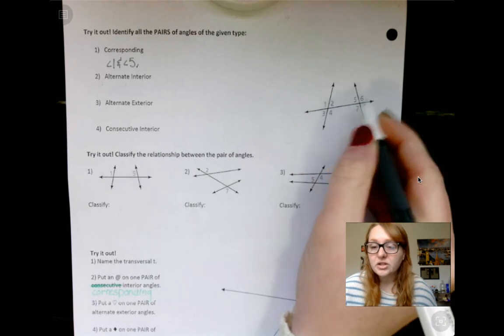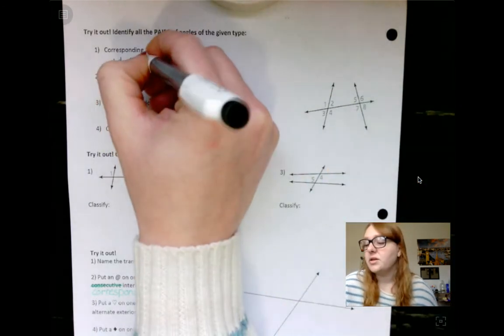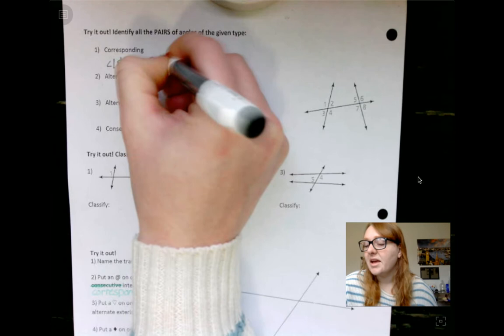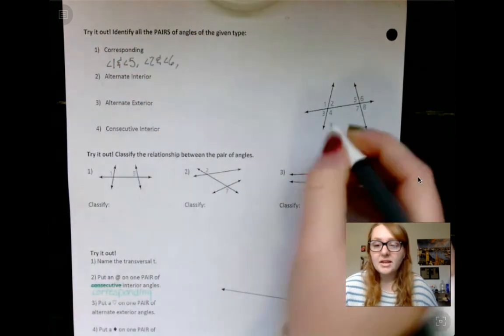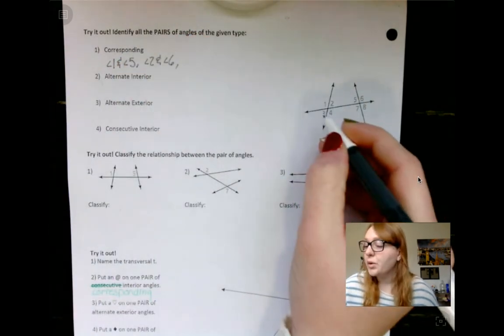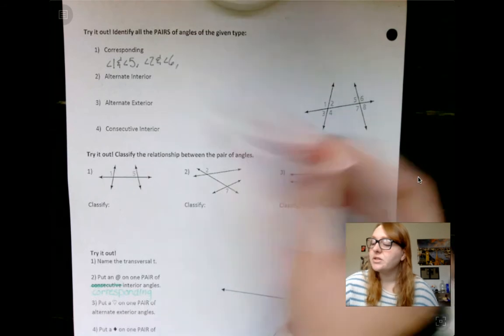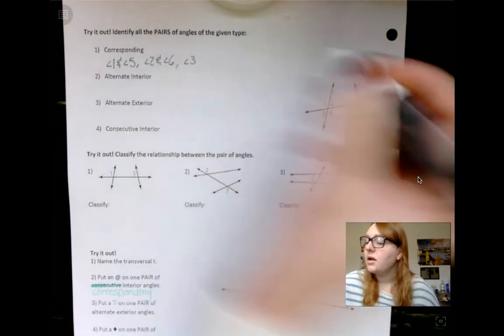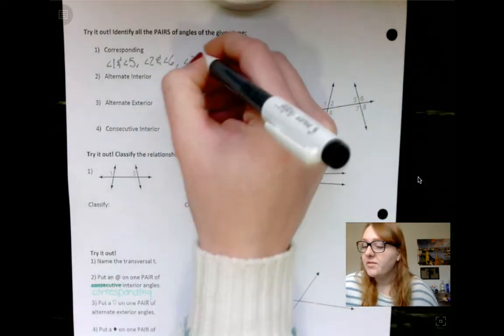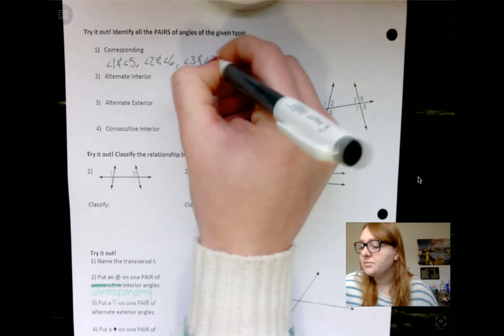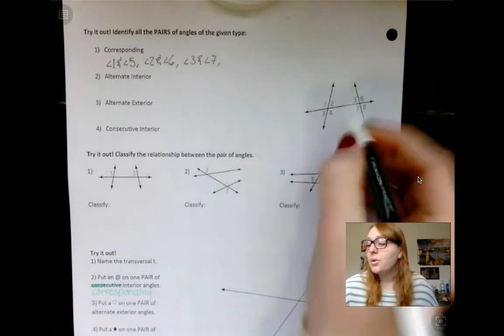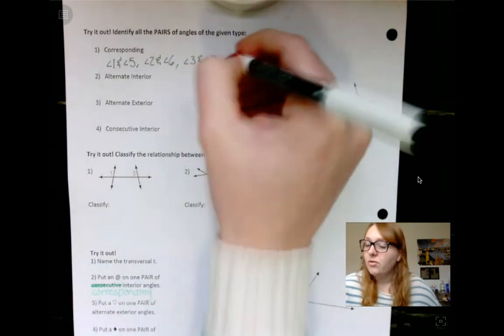In the second intersection, top right is angle 6. So angle 2 and angle 6. Next, let's do bottom left, which is angle 3. And bottom left, we have angle 7 in the other intersection. And finally, bottom right, we have angle 4.